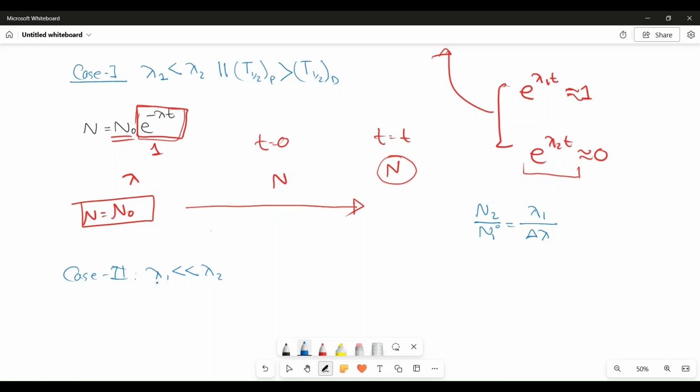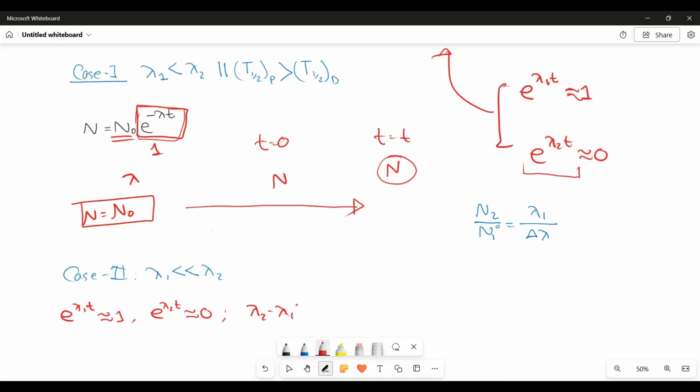The only difference is here we will have this part almost 1, and this part will be near 0. Another part is that we had λ2 minus λ1, right?